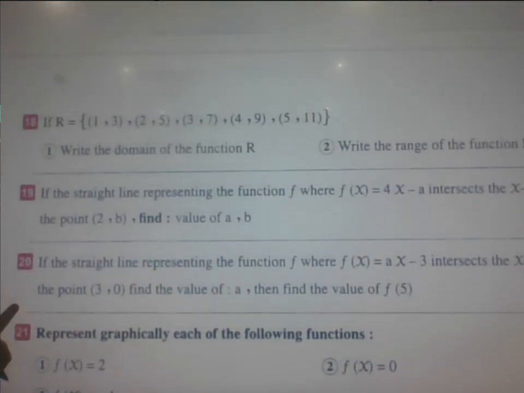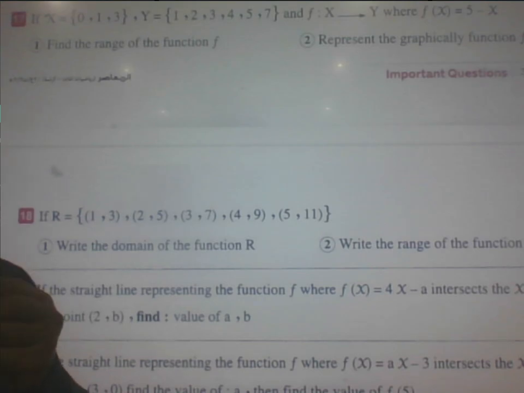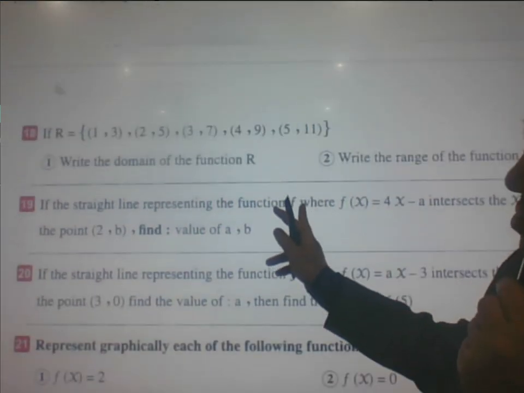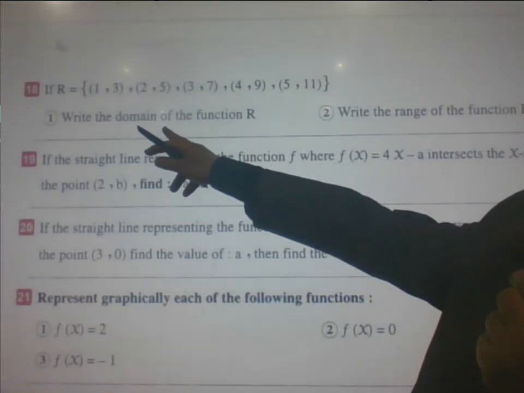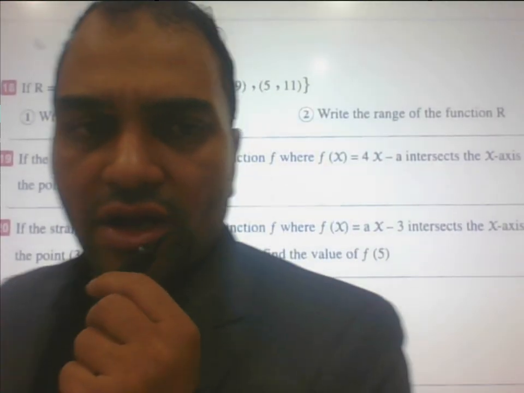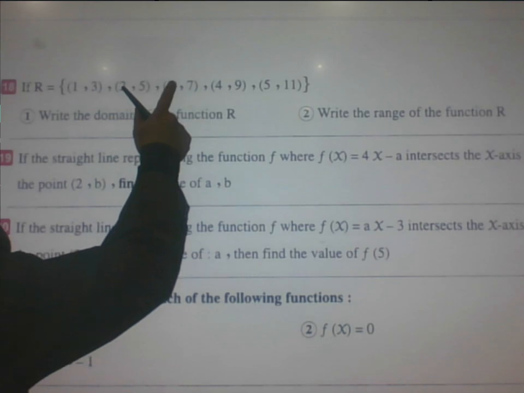The relation here, number 18, next time, okay? Understood? The relation here, find the domain. Do you remember the domain? Okay, I will solve some easy questions now. We can write that the domain is the first projection here. The first will be 1, 2, 3, 4, 5.